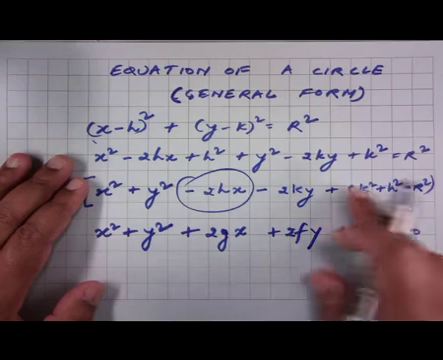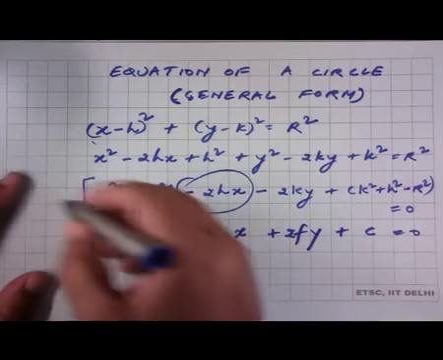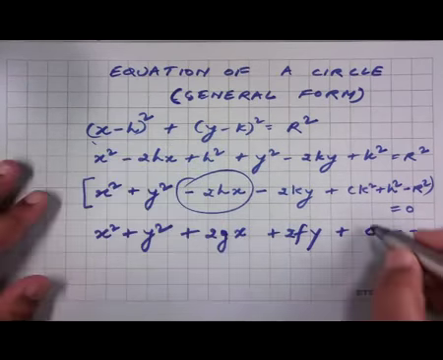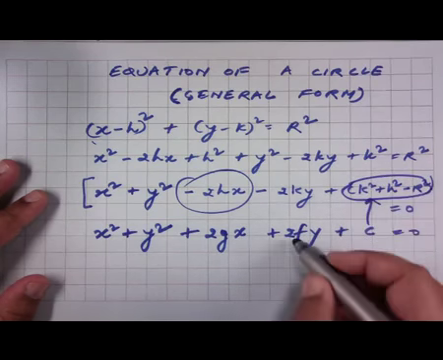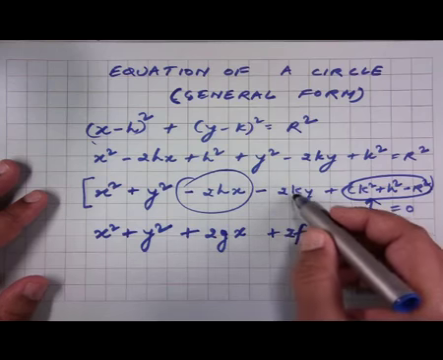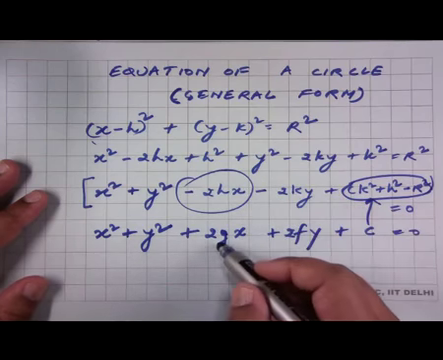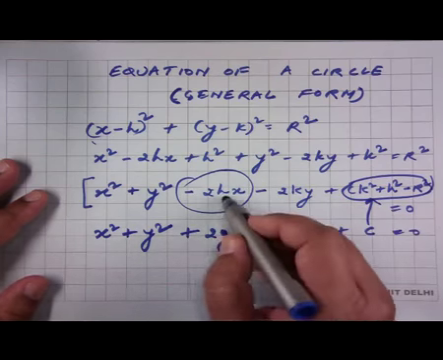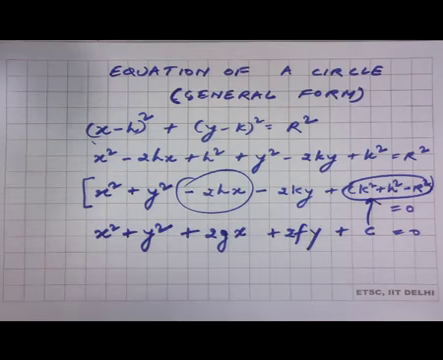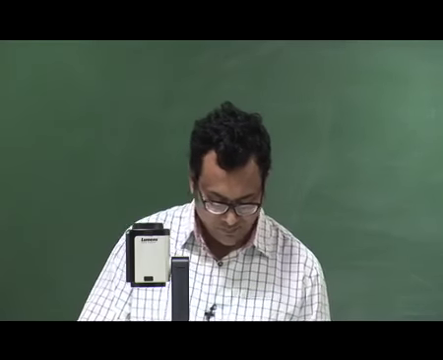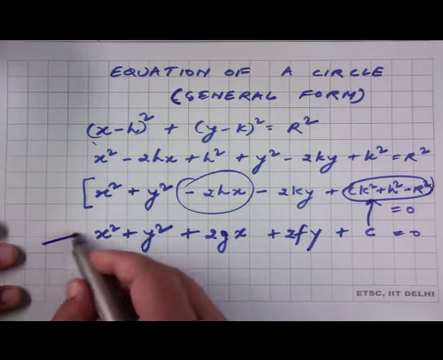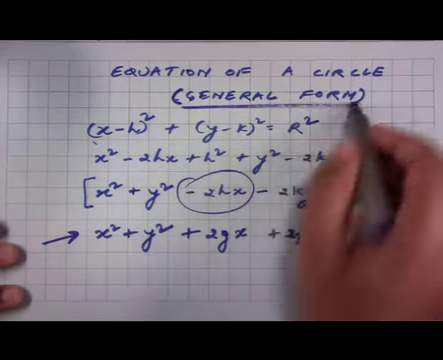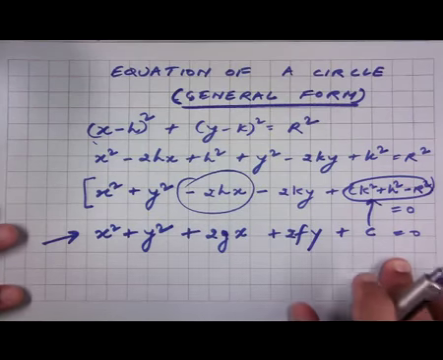In the case of the center radius form, c is this, 2f is minus 2k, 2g is minus 2h. So, this is the most general form of a circle.